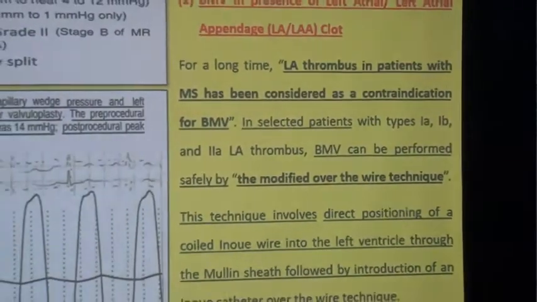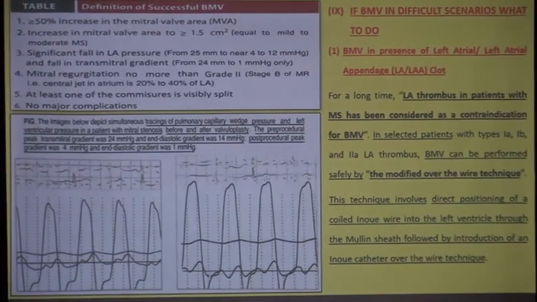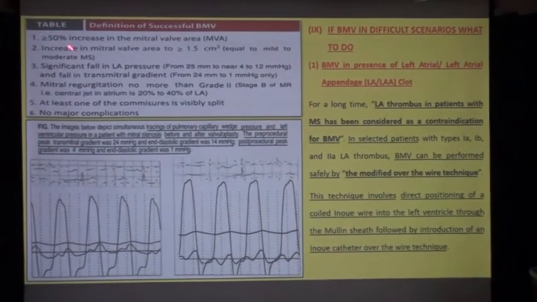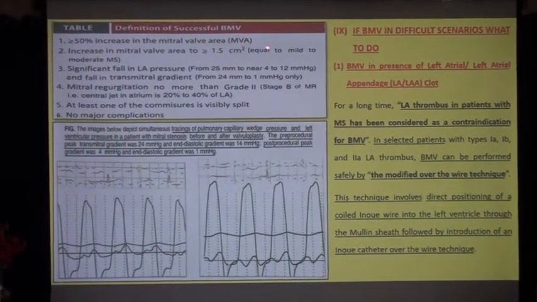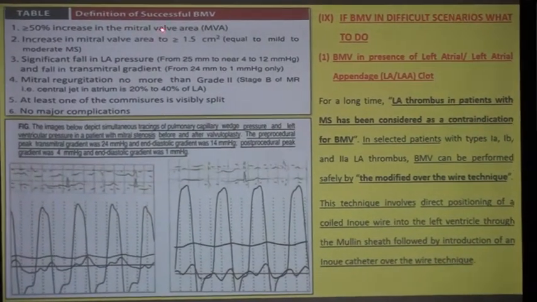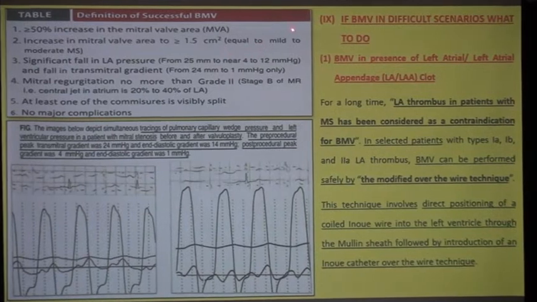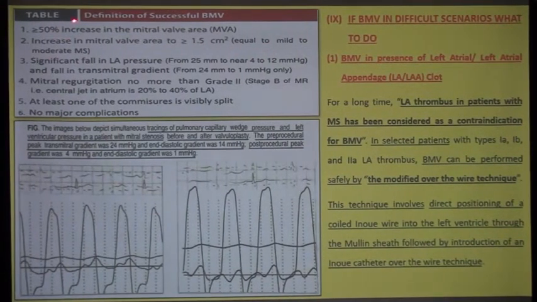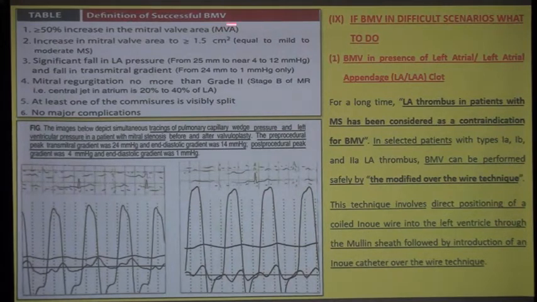Now the great important point, the definition of successful balloon mitral valvuloplasty. Number one, more than 50% increase in the mitral valve area means successful. Increase in mitral valve area to more than 1.5 centimeter square, equal to mild to moderate mitral stenosis, means successful balloon mitral valvuloplasty.